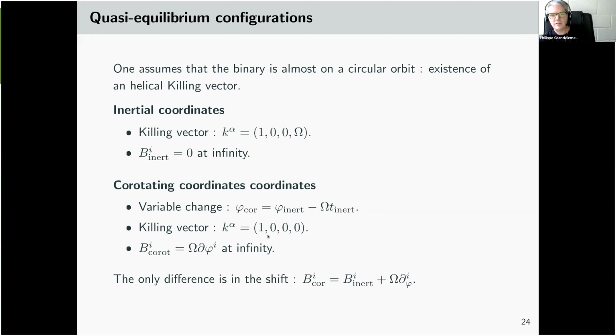In that case, the Killing vector is just the time coordinate, if you want. And the price you have to pay is that at infinity, the shift is no longer zero, but behaves like omega d over d phi. Actually, those two coordinate systems are very easy to relate. The only difference between those two lies in the shift, where the co-rotating shift and the inertial shift just differ by this omega d over d phi.